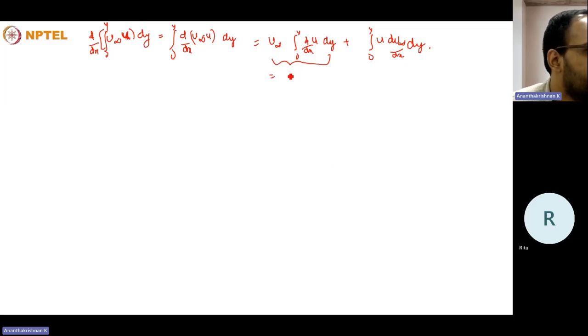Just now we have seen the Leibniz theorem, where the second and third terms of the Leibniz rule become equal to 0, because y is a constant, and 0 is also a constant. So you can take it outside as well.